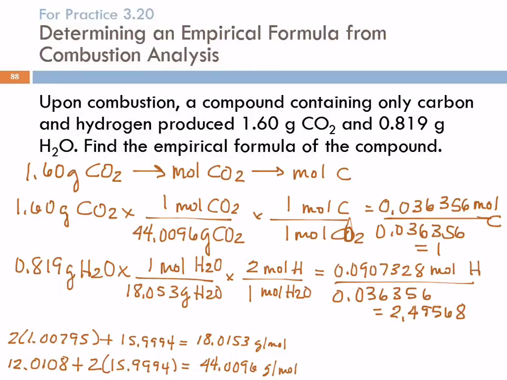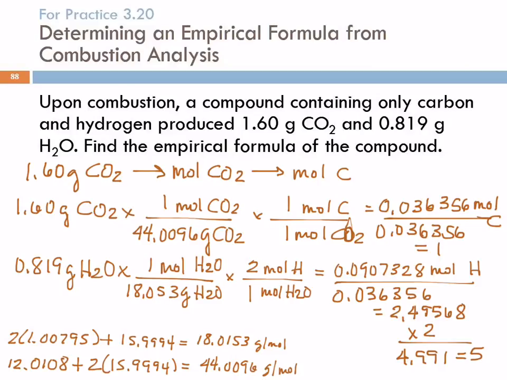Now what do I do? Multiply by 2. I can't round this off. I'm going to multiply by 2. And when I do that, I get 4.991. That's close enough that I can round to 5.